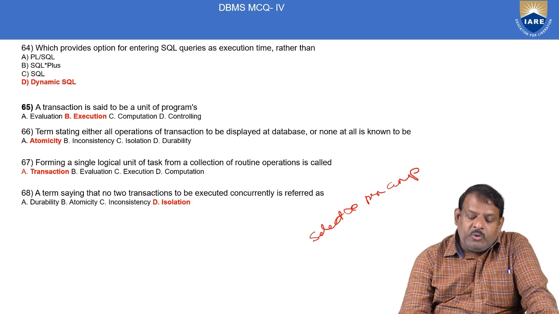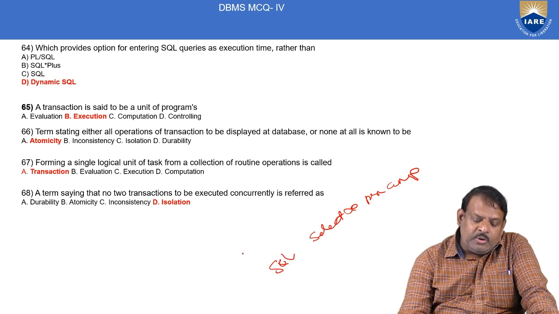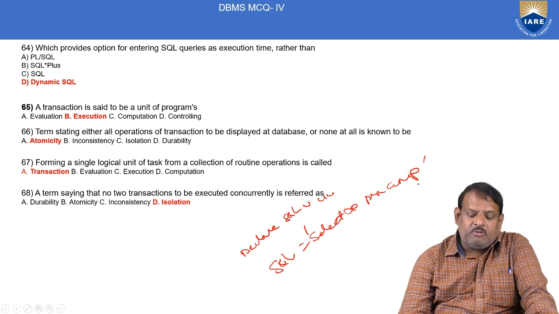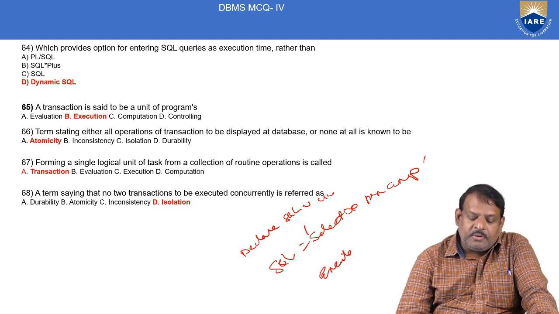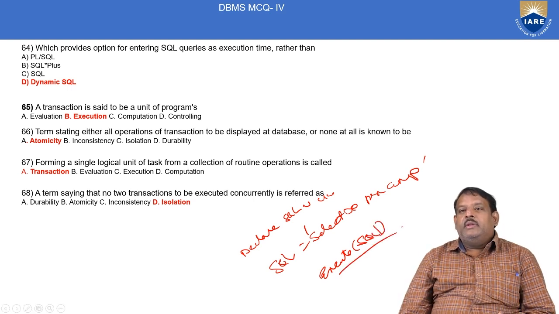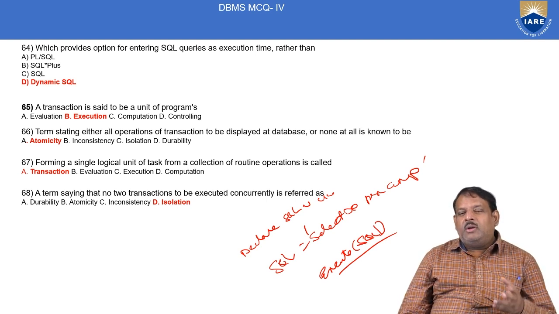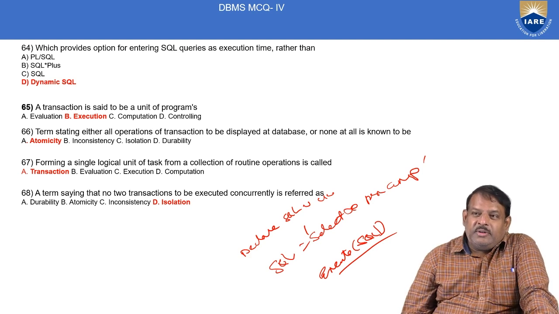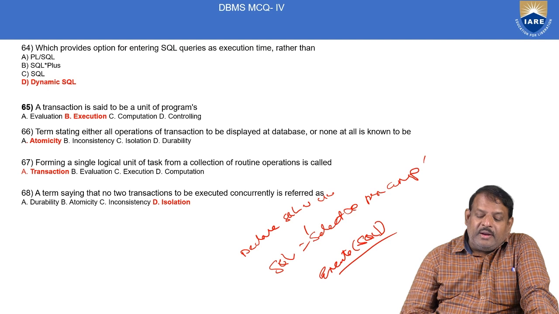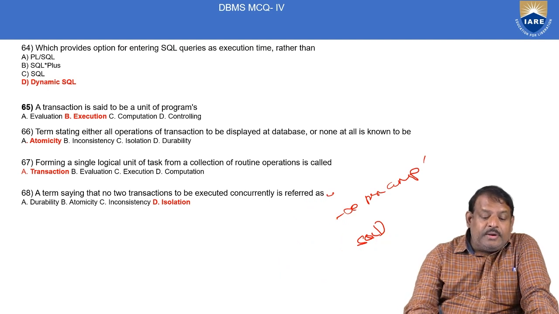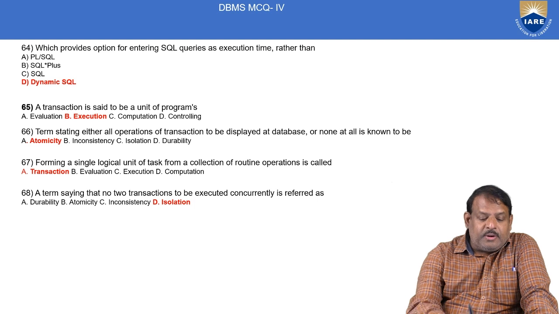You declare a variable SQL varchar of 100, then say SQL is equal to single quotes select star from EMP, and then execute the SQL. Now this is executed dynamically. In dynamic SQL you can change the values at runtime. So that is dynamic SQL.